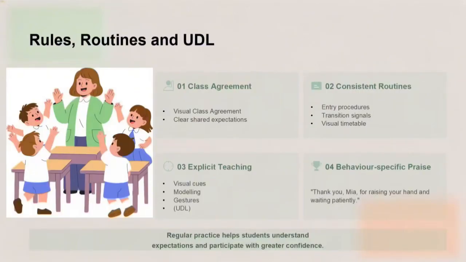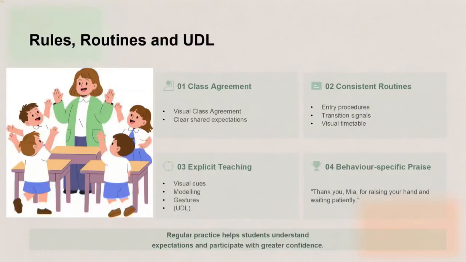Expectations are explicitly taught and referred to using visual cues, modeling, and gestures. This reflects the Universal Design for Learning Framework, CAST 2024, by helping all students understand and access classroom expectations. Teaching expectations consistently also gives students more opportunities to practice the expected behavior.